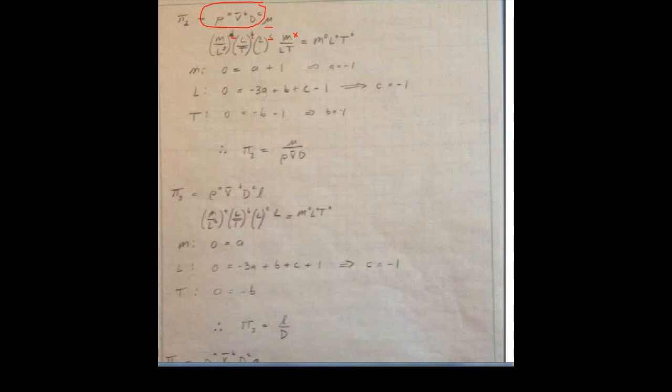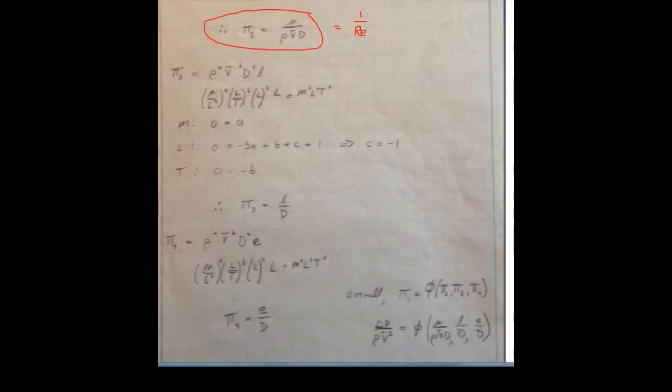We're trying to make all these equal 0, cancel out, in other words. And so again, we get A, -1, C, -1, and B, -1. All three are -1, and we end up with this pi term right here, which is actually equal to 1 over Reynolds number.